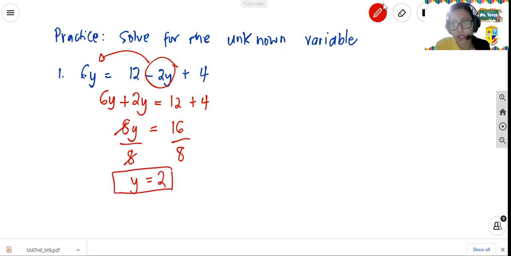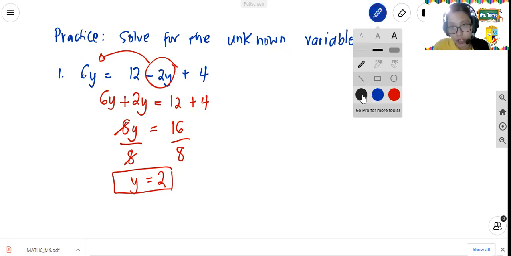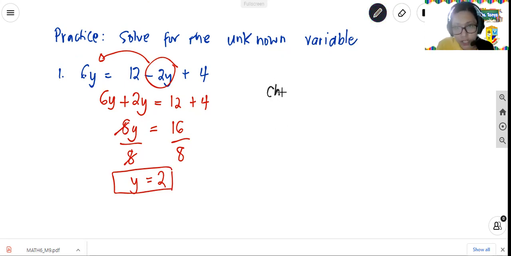Then y is equal to 16 divided by 8 is 2. Now we have to make sure that we are right. We are on the right track. So you have to check if your answer is correct, or if y is equal to 2 is a true root or a true solution for this one. So we'll have 6y equals 12 minus 2y plus 4. So I will substitute 2 for y.